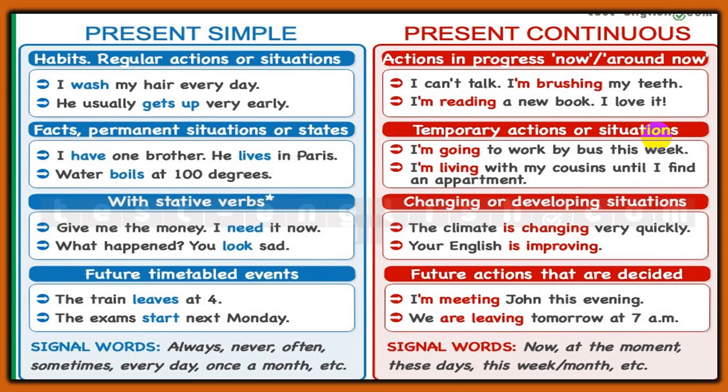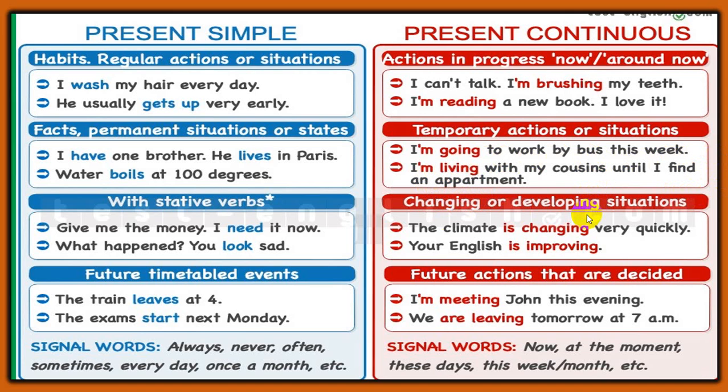Something happens nowadays or these days. Just like I am going to work by bus this week. In these days, this week, I'm going to work by bus. I'm living with my cousins until I find an apartment. I'm living with my cousins nowadays.